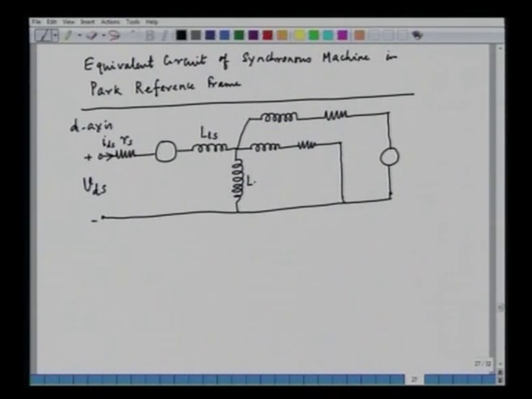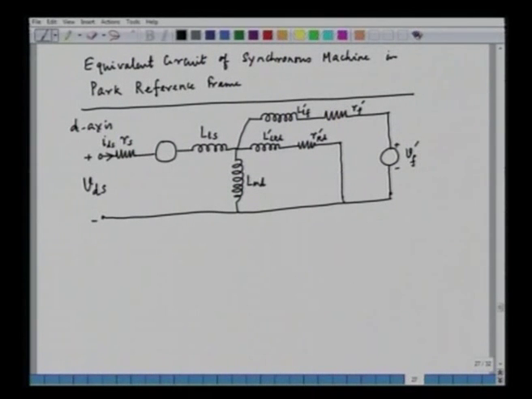This is the magnetizing inductance in the stator D axis, the damper leakage inductance LKD prime referred from the primary side, damper resistance referred from the primary side, the field leakage inductance referred from the primary side, the field resistance referred from the primary side, the field voltage referred from the primary side.